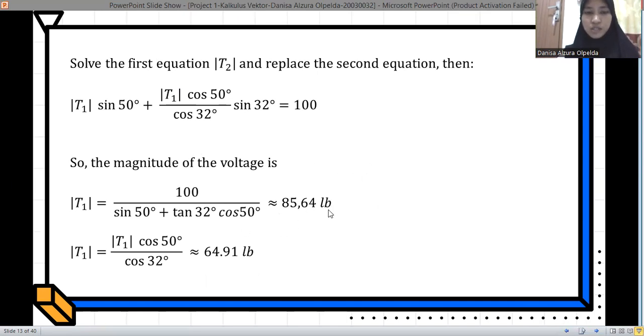We have the result for |T1| is 85.64 lb. And for T2, sorry, this is a mistake, it means |T2| is equal to 64.91 lb.